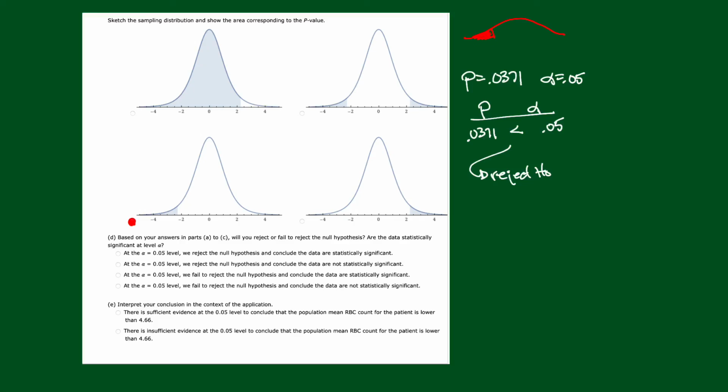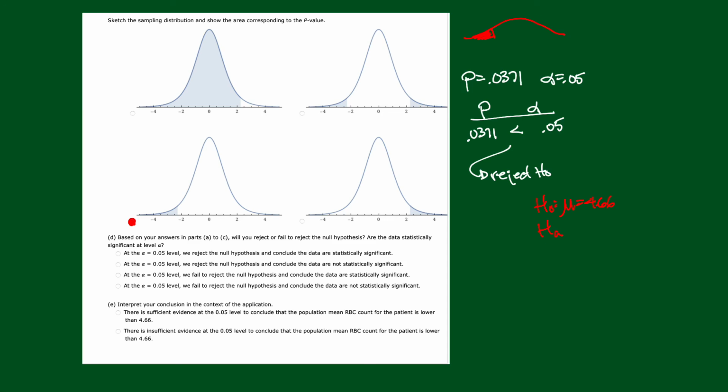So which one of these choices down here says this? At alpha equals 0.05, we reject the null hypothesis and conclude that the data are statistically significant. That's exactly what we want to do. When you reject, you're saying that there is a significant difference between the observed value and the assumed value. H naught is saying that the mean is 4.66.